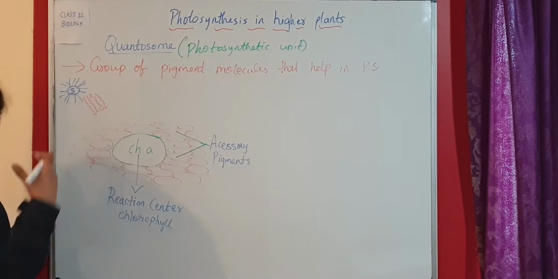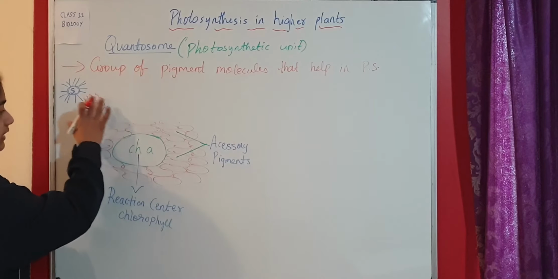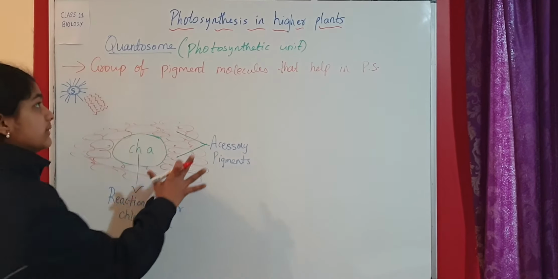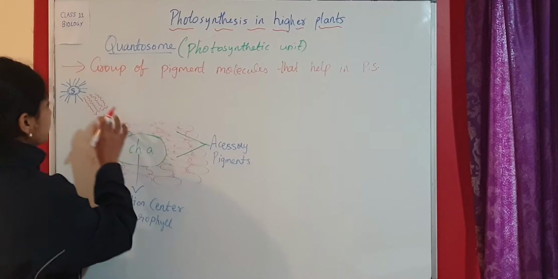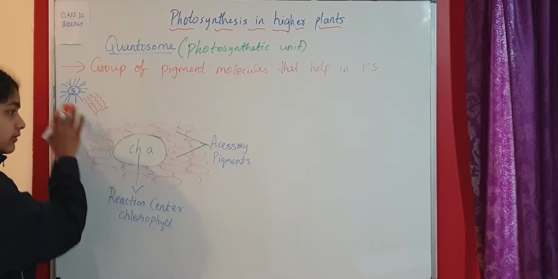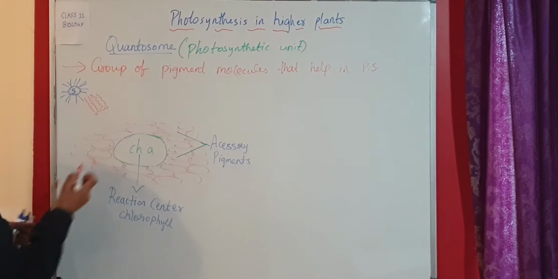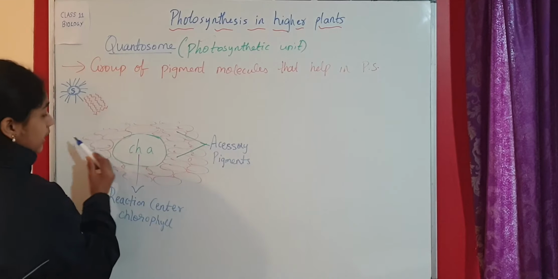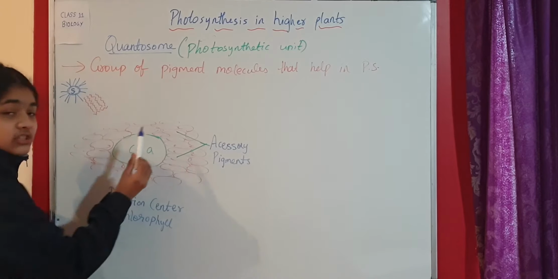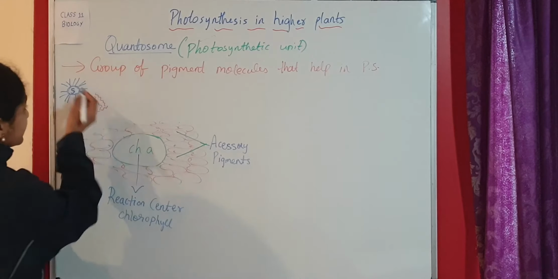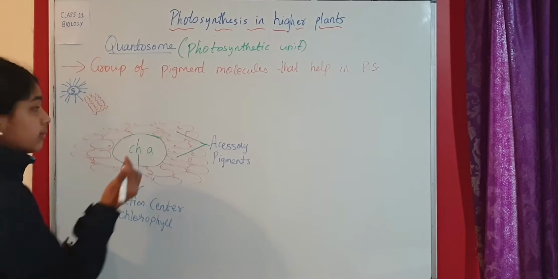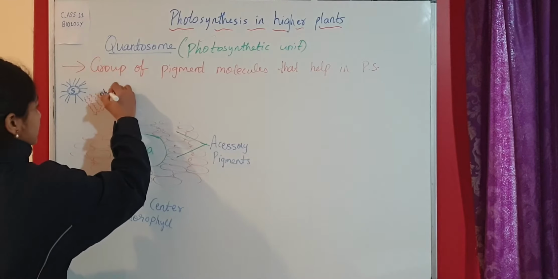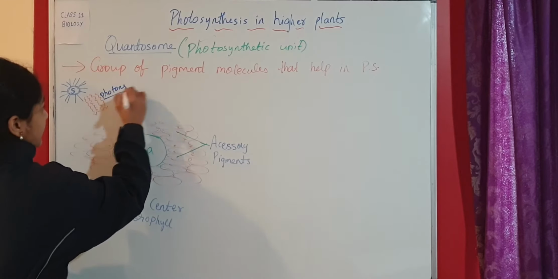So the light energy is coming, and it falls on this quantosome, the photosynthetic unit. The light energy basically falls on the outer pigments which are present in the quantosome. Now this light energy comes in the form of light particles called photons. This is very important.